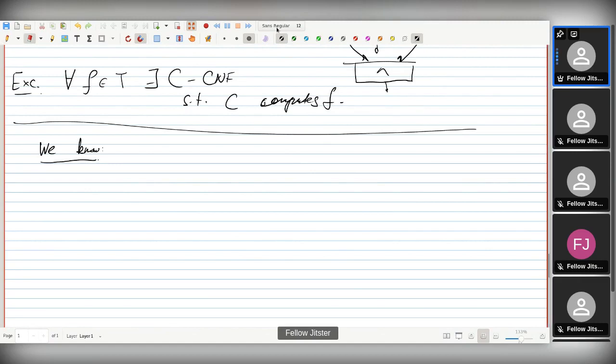But we know that, say, disjunction is expressible in terms of conjunction and negation. Hence, this set is a subset of this one. And vice versa, of course. So we see that both these sets equal the set of all Boolean functions.